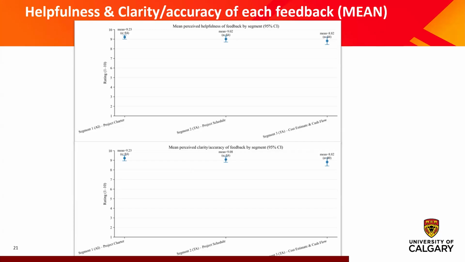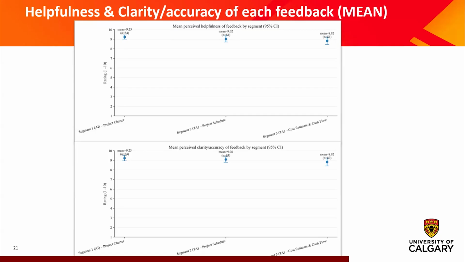When one average is higher, it means that students rated that feedback as more helpful and clear. So one point, as you can see here and maybe in the next 2 plots, is that based on the survey results, we received a better rating for the first segment. From the perspective of the students, it was more helpful and more accurate. The feedback was clear for them.